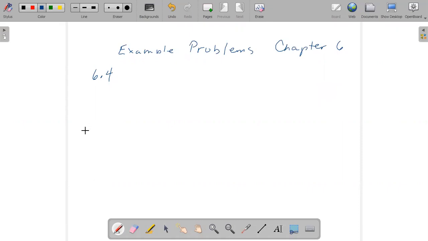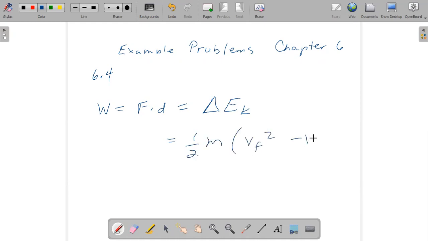So we have work equals F d. And then we're going to do the work energy theorem, so work equals delta KE, change in energy. So equals 1/2 m times v final squared minus v initial squared.